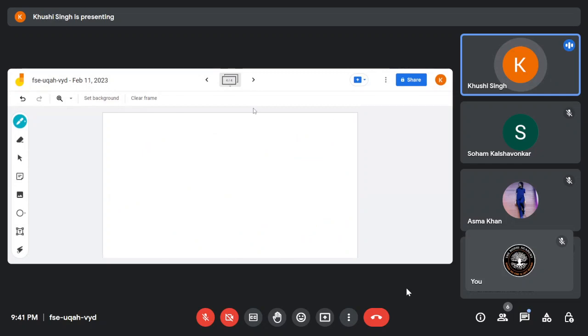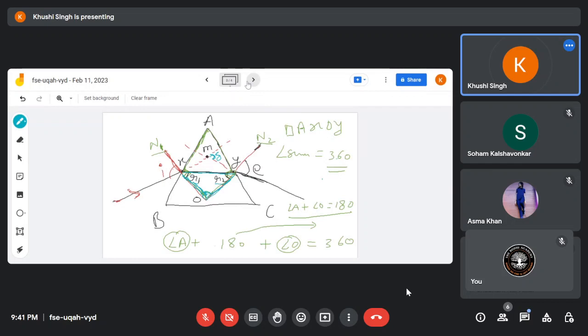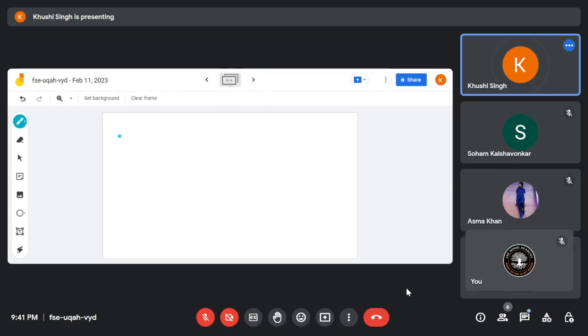So the angles are R1 plus R2 plus this angle O, right? So R1 plus R2 plus angle O equals 180. Agree? Fine. That means my angle O can be written as 180 minus angle R1 minus angle R2.